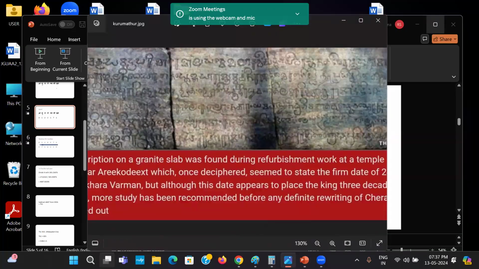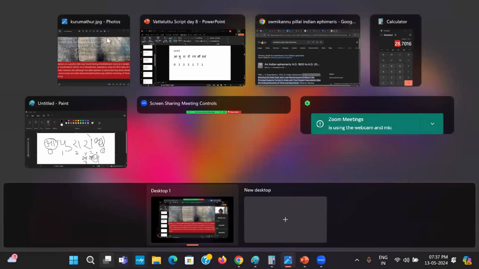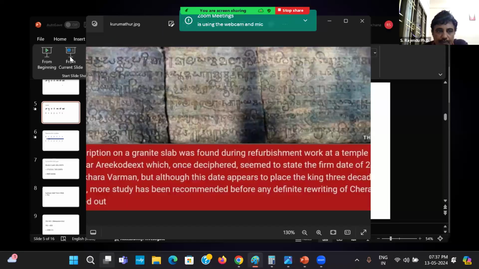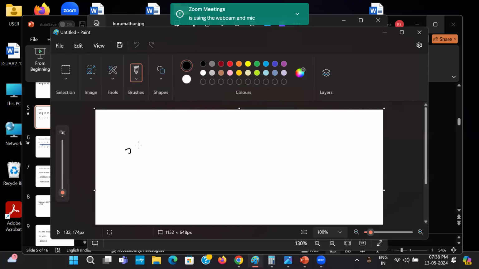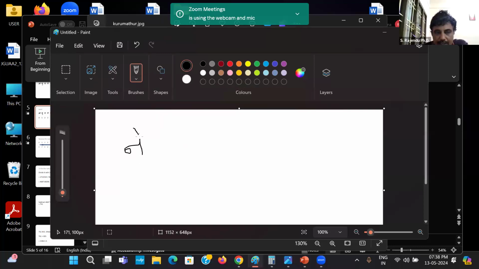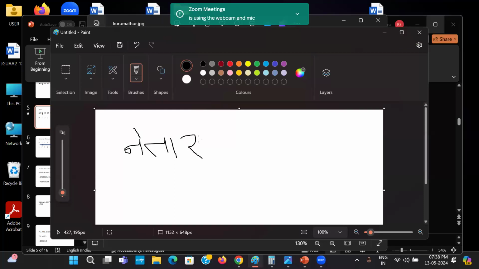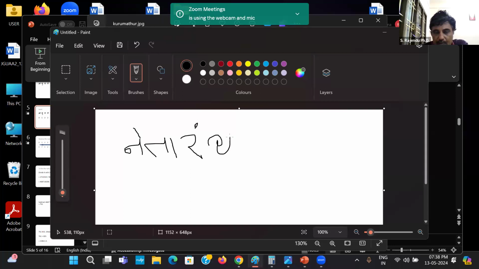How to find? Netaram Yamavapyam. Na, ne, ta, ram, ya, avapya.